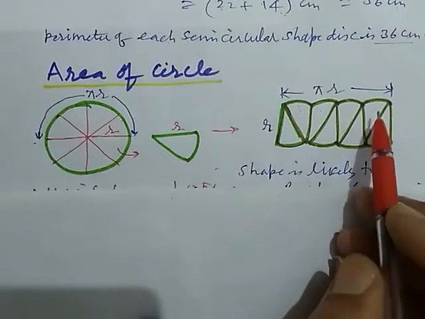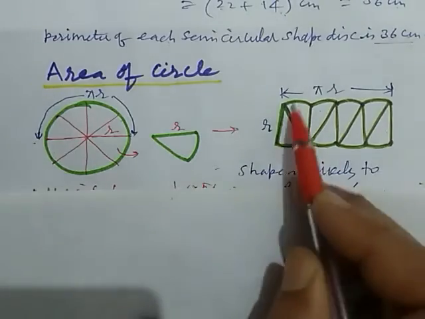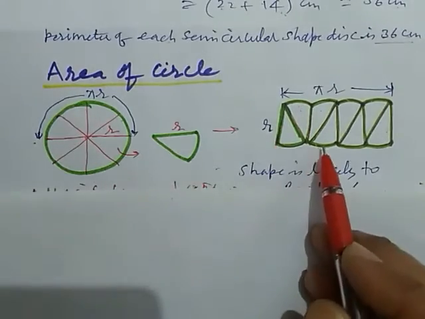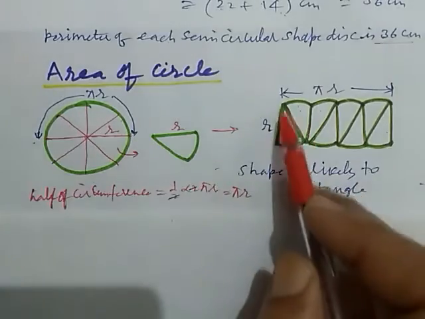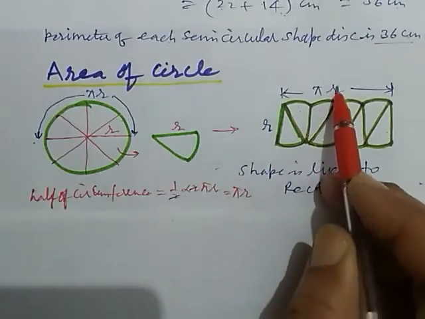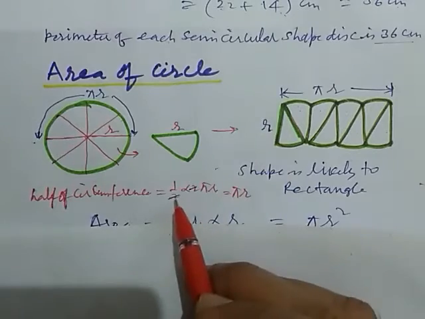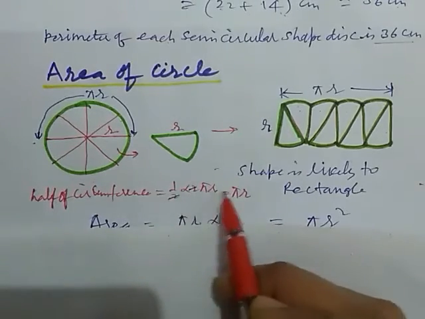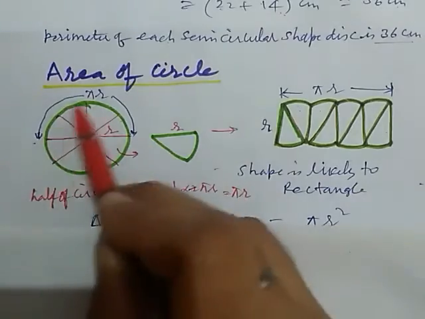So understand the figure like a rectangle. The shape is like a rectangle, so its area is length into breadth. Half of the circumference is how much? Half into 2 pi r, which cancels out to become pi r, and we put pi r here.